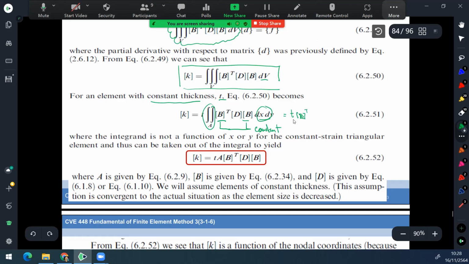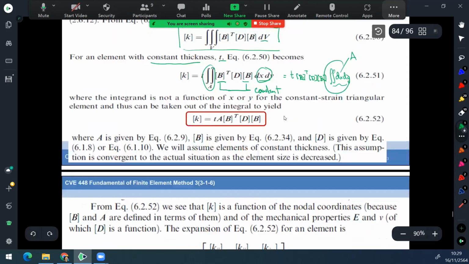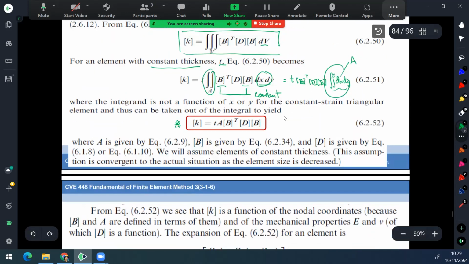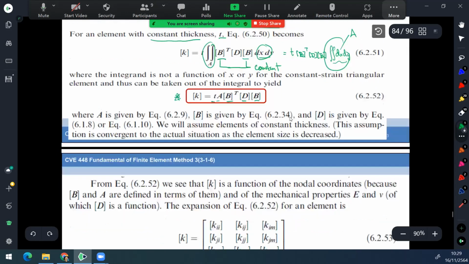Because matrix B is constant, and matrix D is also constant, it becomes the integral of dx dy, so it becomes the area. So the constant strain triangle stiffness is defined by matrix K equal to t, that is the thickness, multiplied by area, and multiplied by B transpose D B.